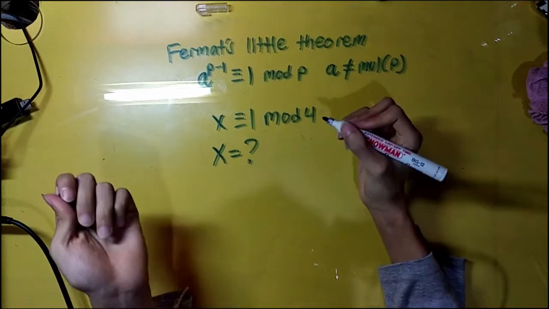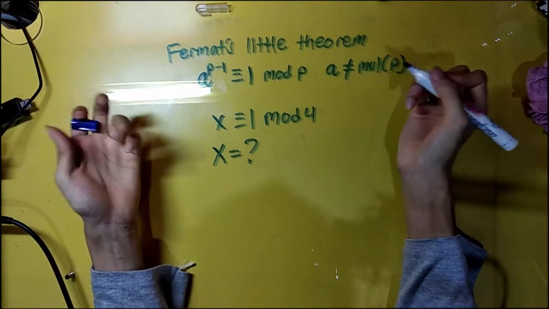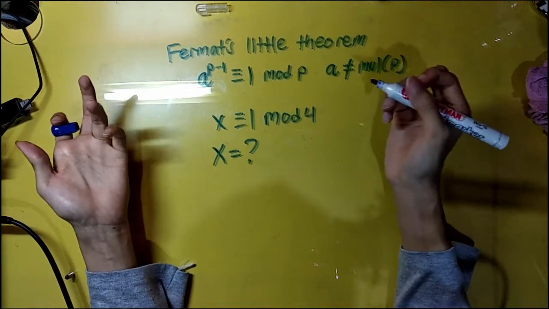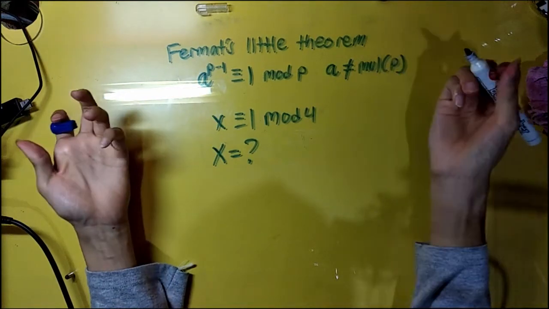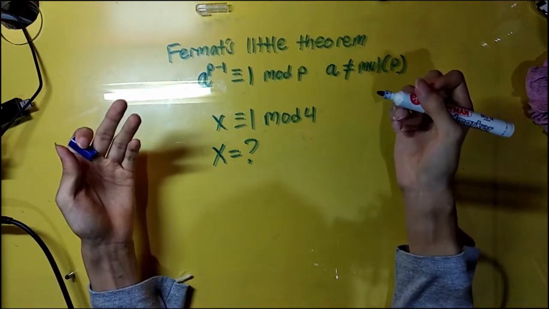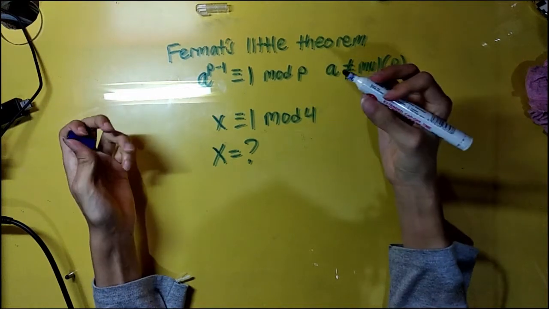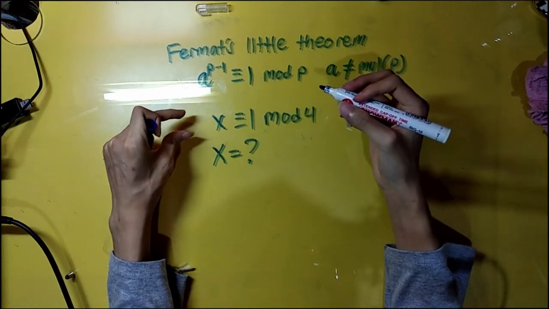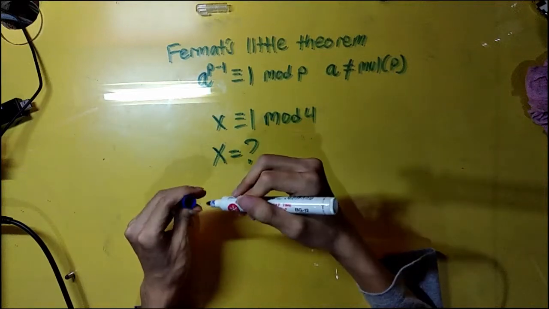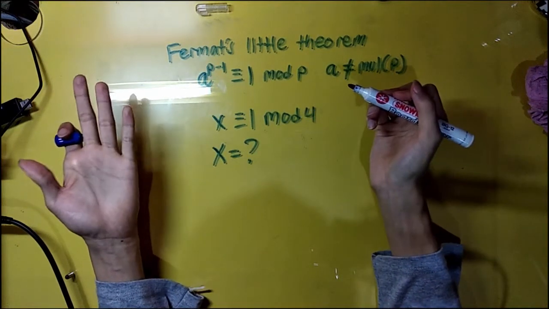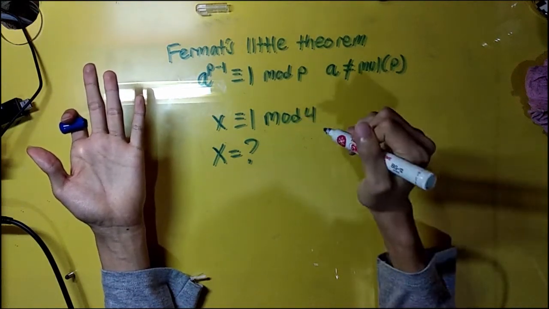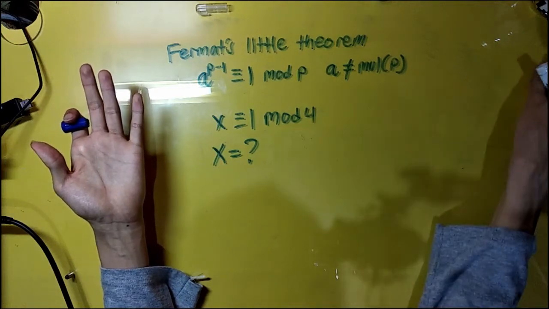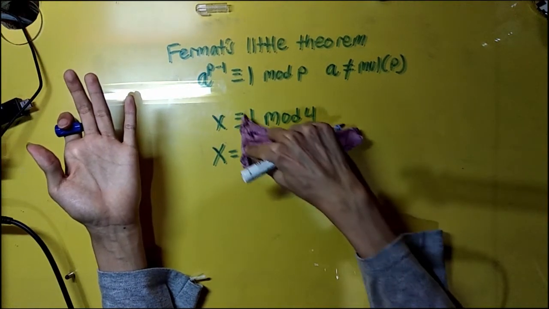Well, clearly, one answer, even if I erased it before, you already know it in your head. The answer is obvious. 5 subtracted by 1 is divisible by 4. So 5 is an answer here.